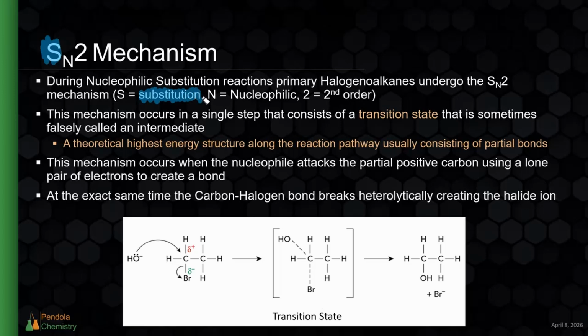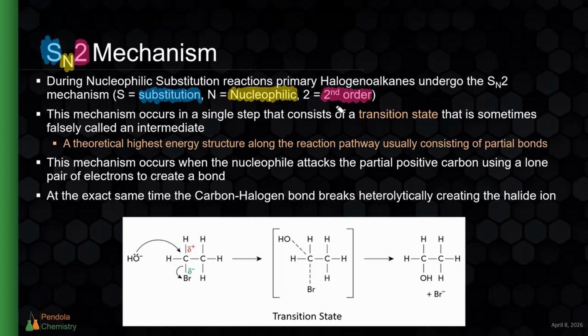The N stands for nucleophilic, because that is the mode of action. It uses a nucleophile to do the substitution reaction. And then the 2 stands for second order. This is a vocabulary term, second order, that has to deal with the rate of the reaction.